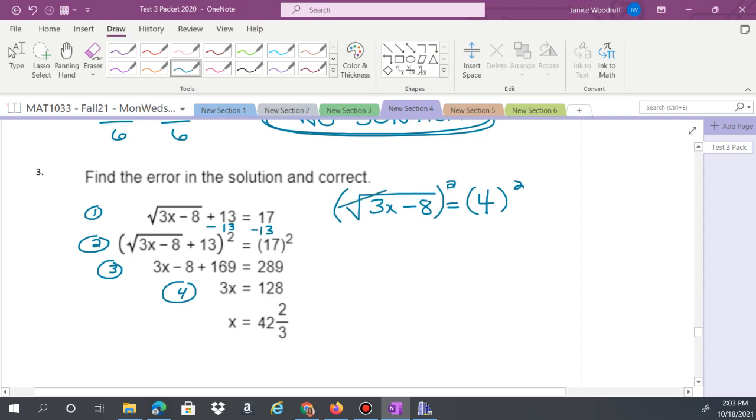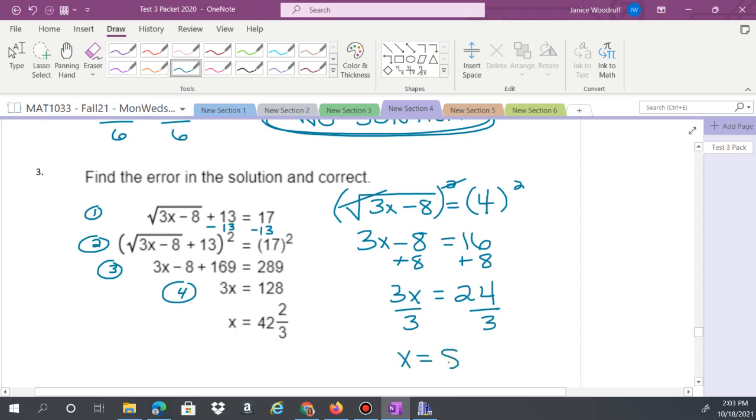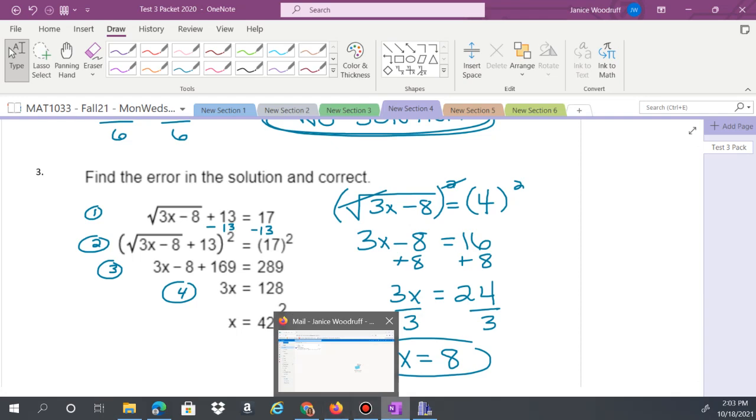And let's see here. These cancel out. We get 3x minus 8 equals 16. 4 squared is 16. Then I am adding 8 to both sides. That's going to give me 3x equals 24. Divide by 3. And I get x equals 8. Much nicer solution there.